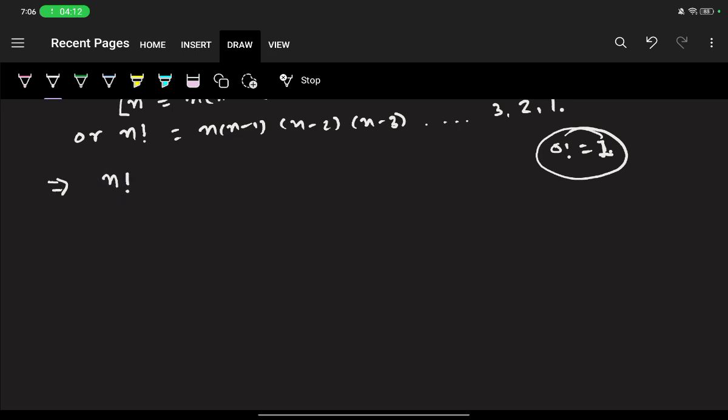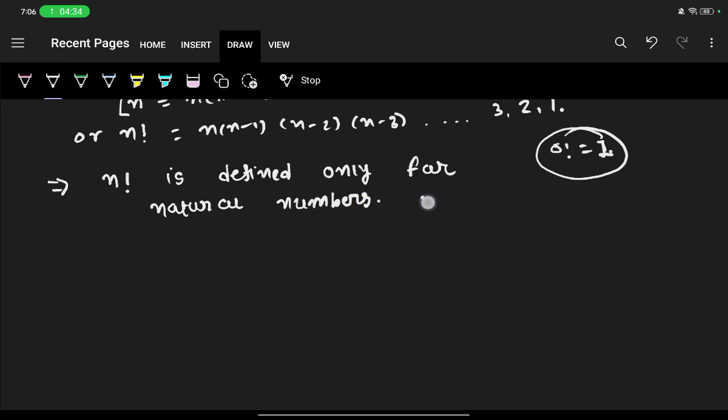So n factorial is defined only for natural numbers, which means n must be greater than or equal to 0. So n factorial is not defined for n less than 0.